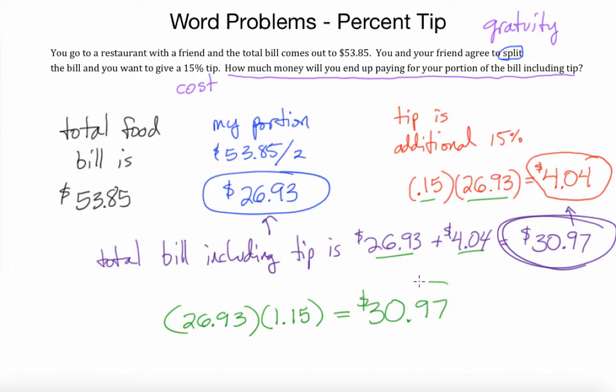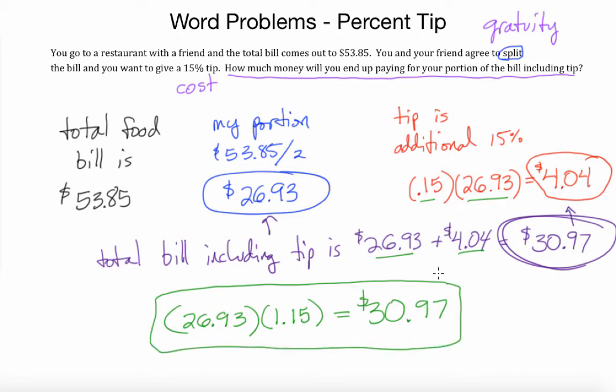So I could have done this problem in only one mathematical step instead of doing two like I did here, finding the tip first and then adding it, which is basically two steps. It's the same math, it's the same answer, but it's kind of two different ways to think about increasing by a percent. This is what this problem is. We're having a set amount and we're increasing it by a certain amount. So hopefully that's helpful for you guys, and hopefully that encourages you guys to be good tippers.